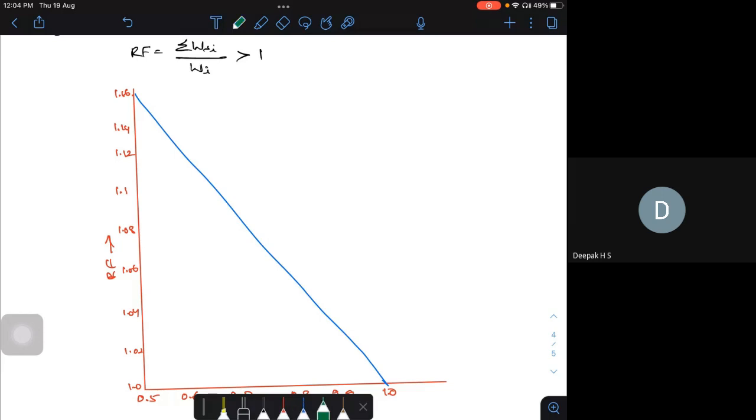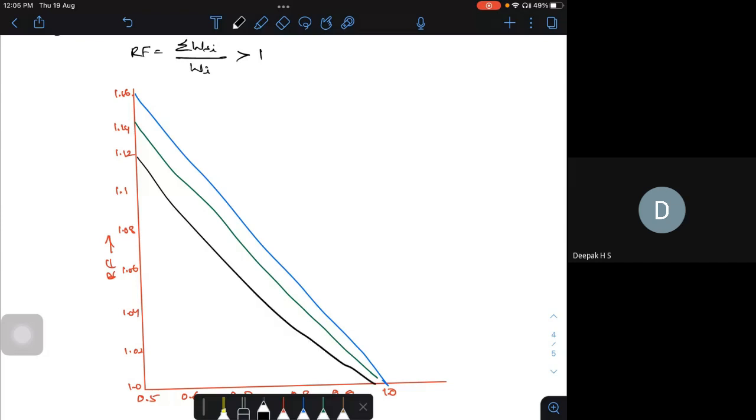If there is a drop in your reheat factor, this curve will go something like this. So this is for a delta T superheat. This may be a delta T of 40 superheat. This may be for dry saturated steam.